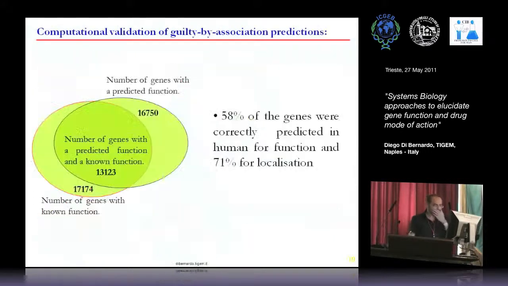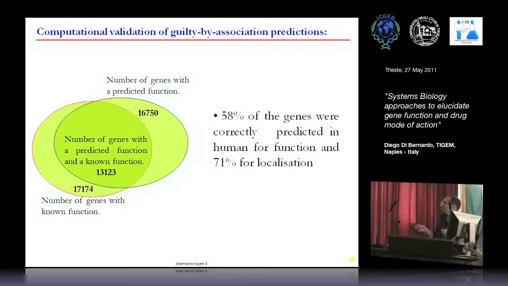So we did this selecting 16,000 genes for which a biological function was known, at least from databases. We assumed that we did not know the function, and we tried to predict the function of this gene by looking at the neighbors.